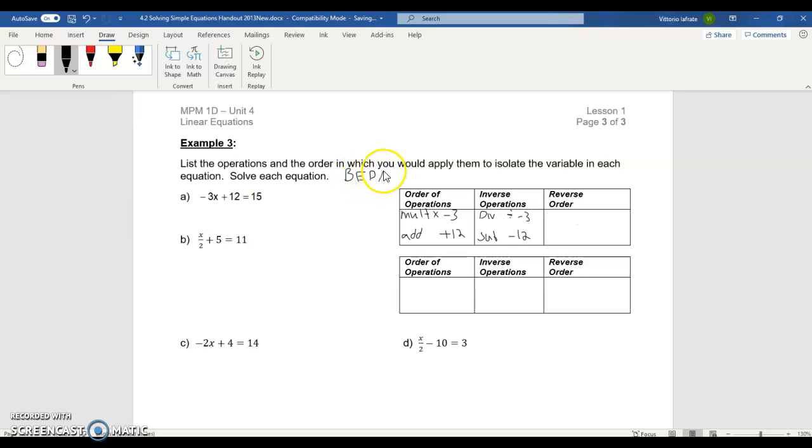So normally we do BEDMAS, but now when we're solving for a variable, we do SAMDEB. So that means we need to do our subtraction first, and then we need to do our division at the end.